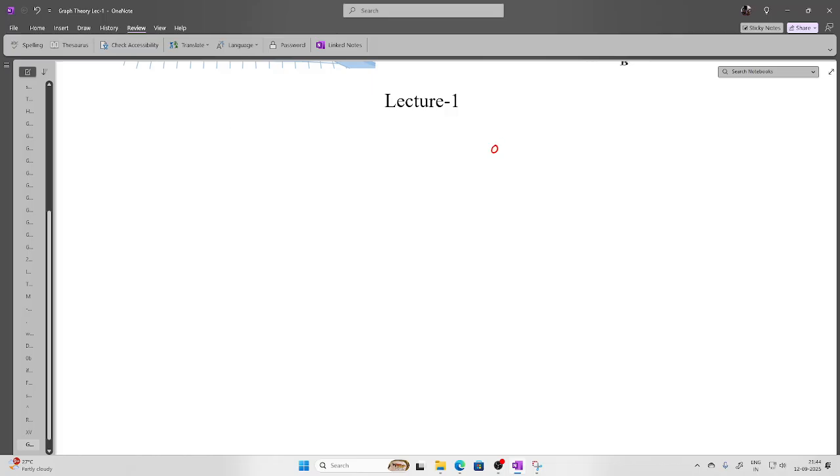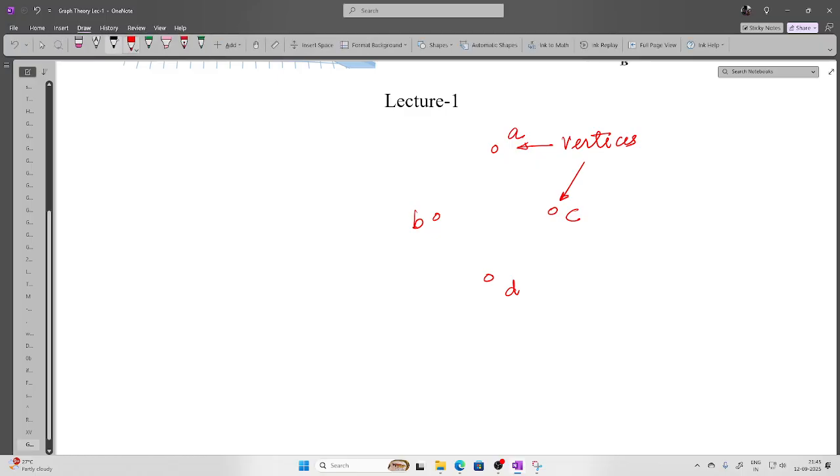Here I am drawing a graph, and these are A, B, C, and D. These are what we call nodes, and these nodes are also called vertices, and these nodes are connected with the help of edges. So these are the edges which are connecting these vertices.